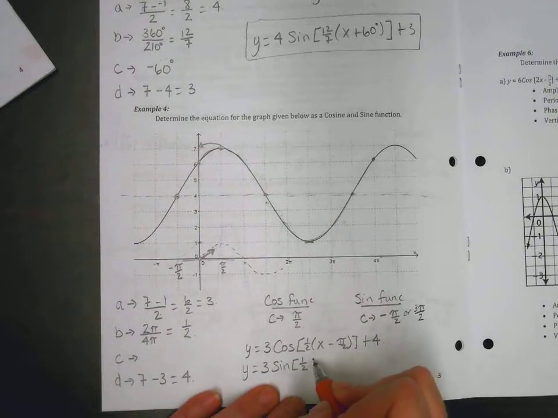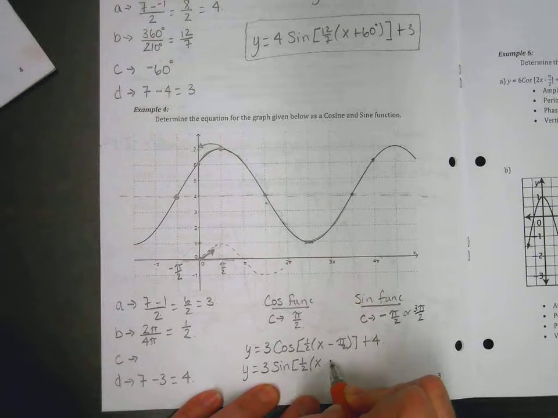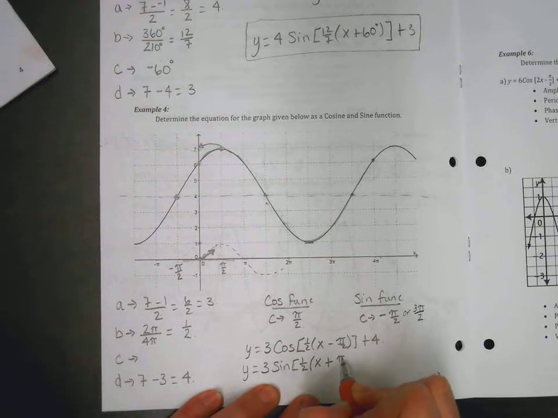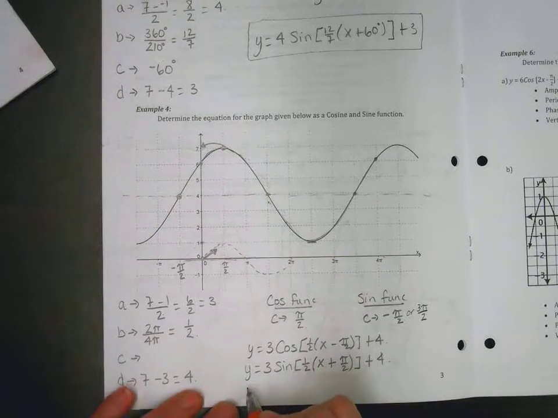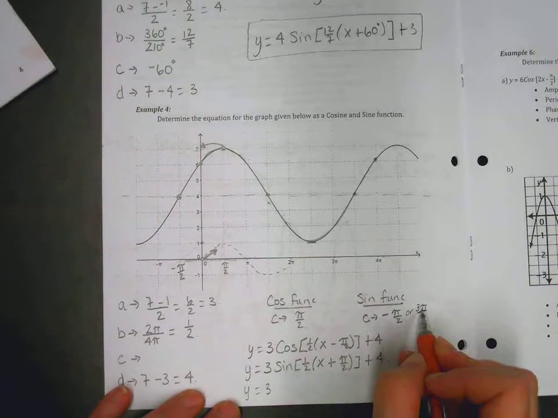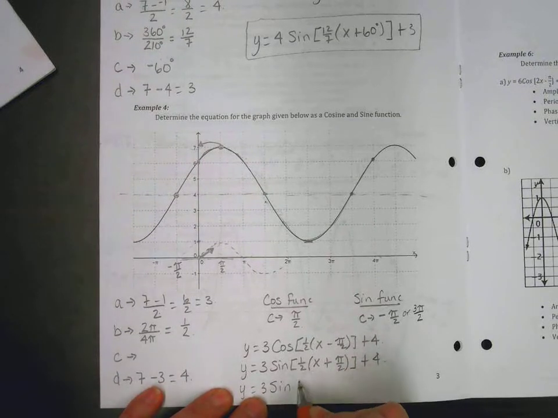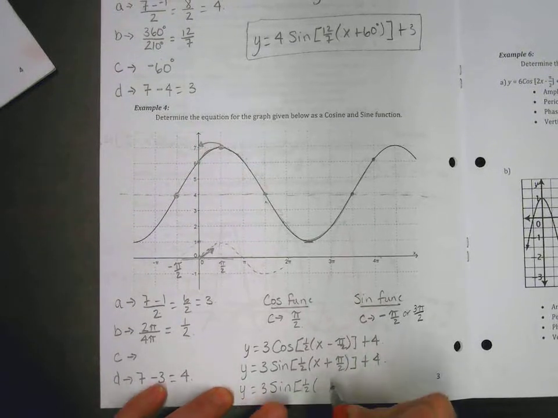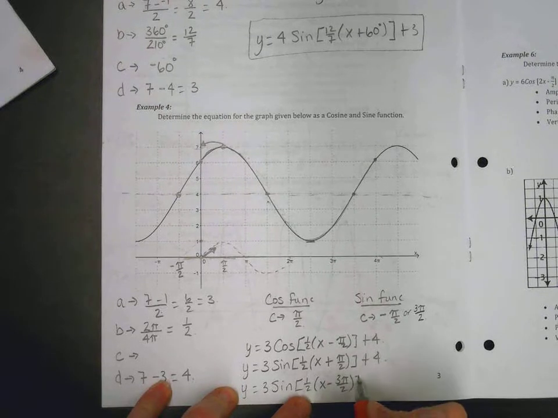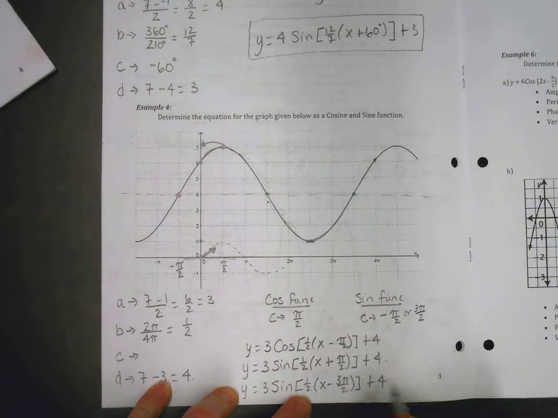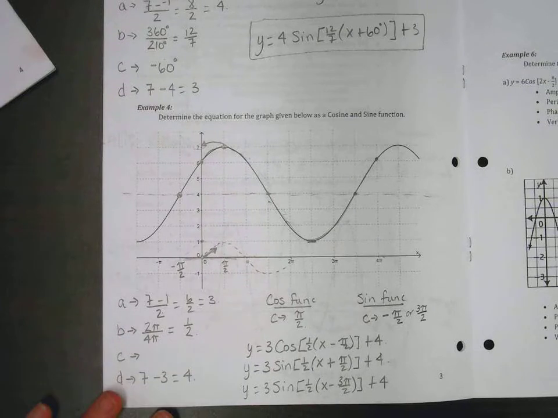So all these values are the same. The only thing that's changing is our phase shift. This is going to be x plus pi over 2 plus 4. And if you did write it with the further phase shift, that would not necessarily be wrong. Plus 4. Okay, so those would be the equations of this graph.